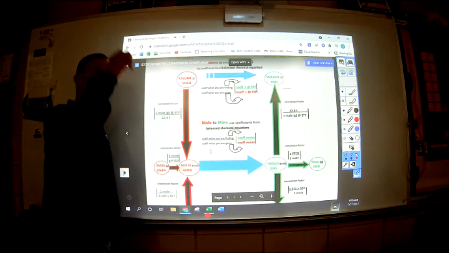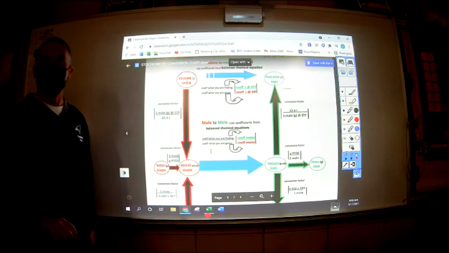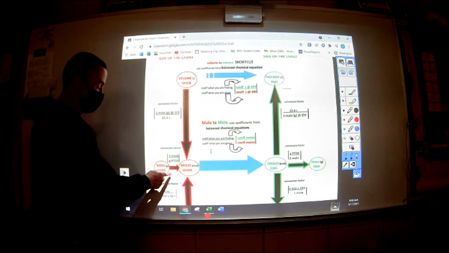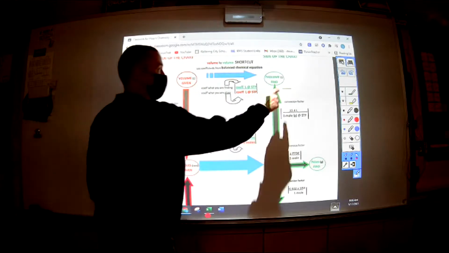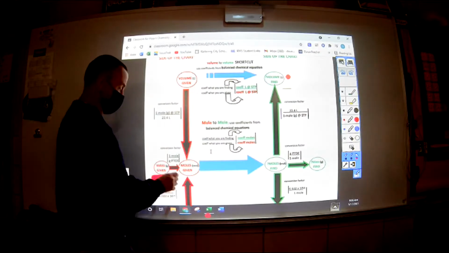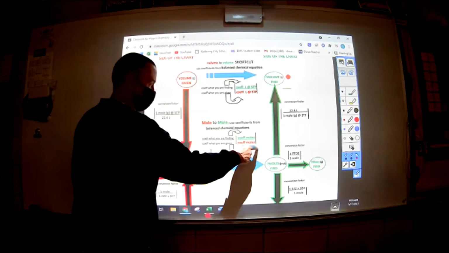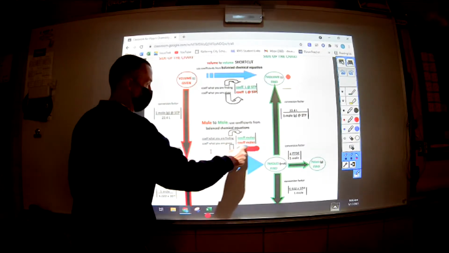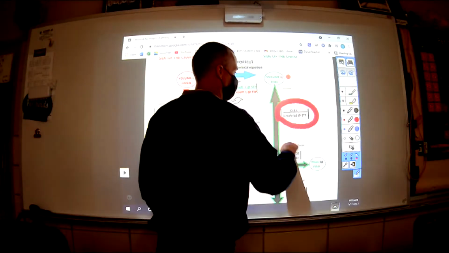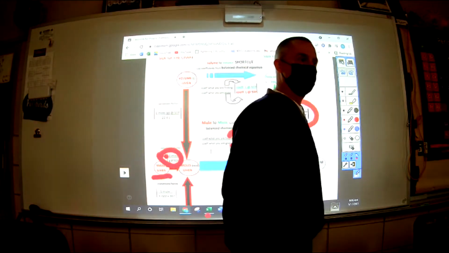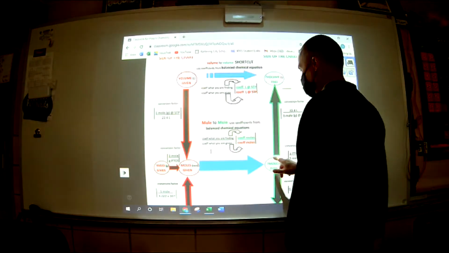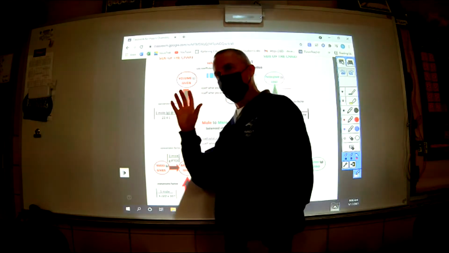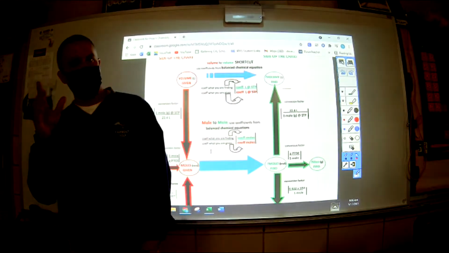We're no longer going mass to mass. This is the first time we're going mass to something else. We're given a mass. Now where are we going? We're going up here to a volume. So our setups would be this one first, this one second, and this one should be third. You see that? This is like our first chance to explore other places to go other than mass to mass.